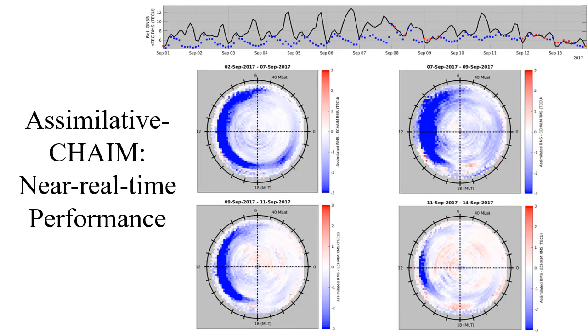To give you an idea of how that works out, we did a few tests where we went back to a 2017 geomagnetic storm. I guess the superstorm occurred in early September 2017.